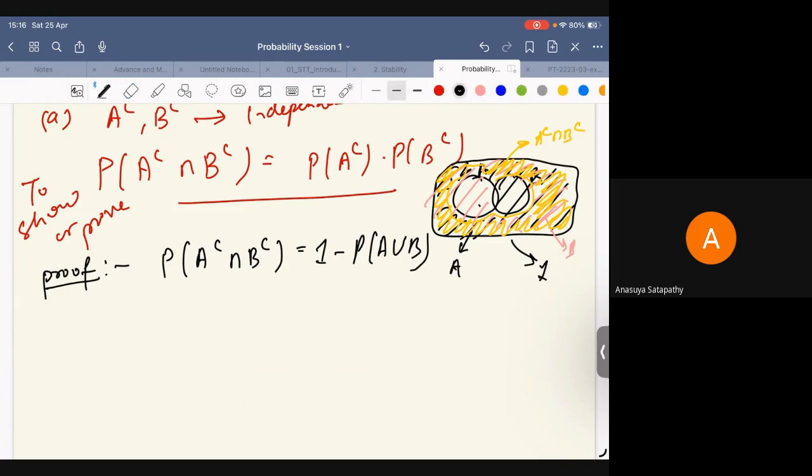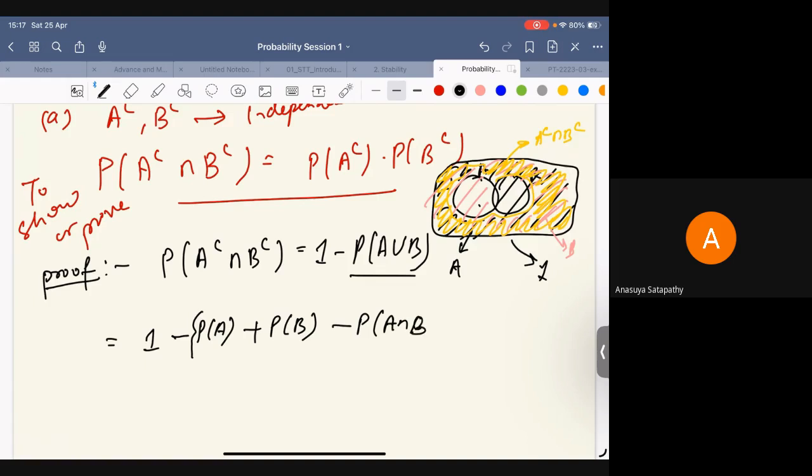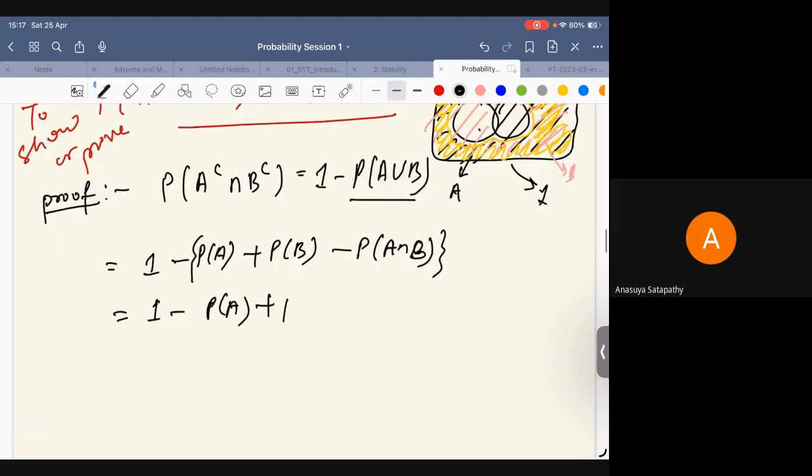Now I just apply the formula: probability of A plus probability of B, I'm putting it in brackets, minus probability of A intersection B. So I'm opening the bracket.